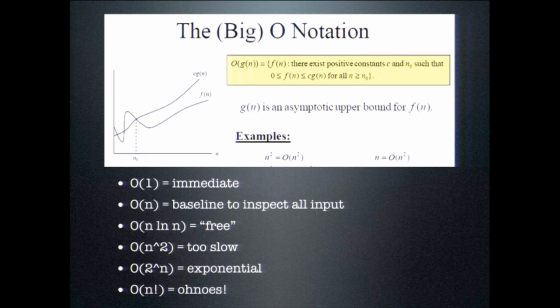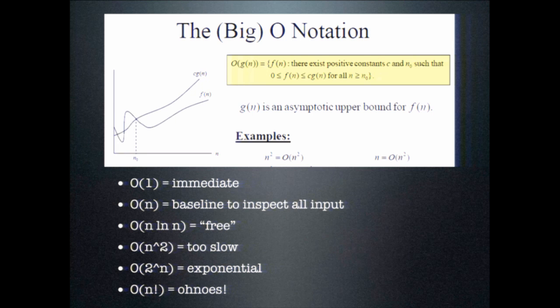From a mathematical standpoint, g(n) is an asymptotic upper bound if some constant C times g(n) is bigger than f(n) for all n greater than n naught. That's when you kind of glaze over if you're trying to read someone else's CS stuff.